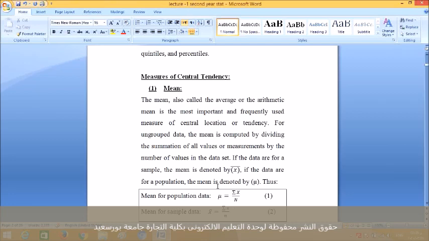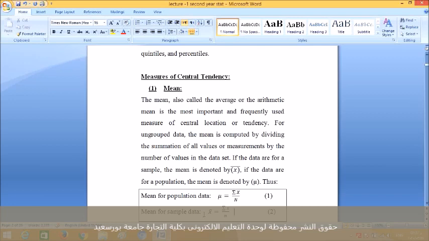Thus, the mean for population data is called mu, and as I said, mu is a parameter. Mu equals sigma x over N. Here we use capital letters, but when dealing with sample data, we use small letters.